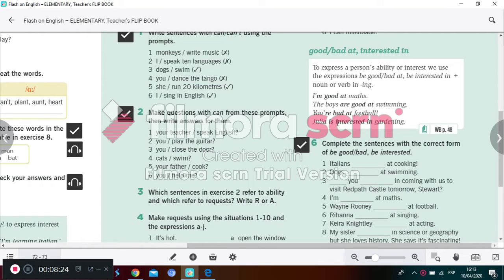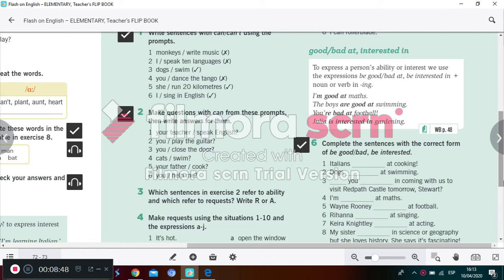And we use interested in to mention that you are interested in an action, interesado en algo. For example, Julia is interested in gardening. Julia is interested in geography. Julia is interested in my brother. Or Julia is interested in my sister, for example, could be.